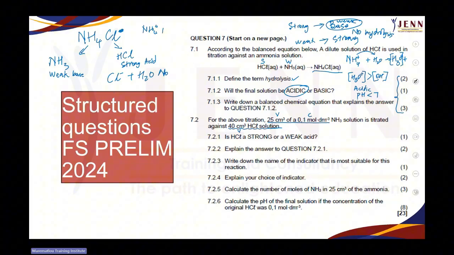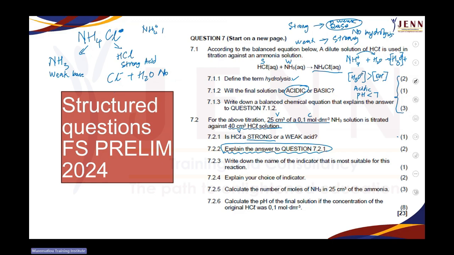It says, is HCl a strong or a weak acid? We have already stated it above. It is a strong acid, 1 mark. Explain your answer. They don't want you to explain your answer. They want you to define a strong acid.